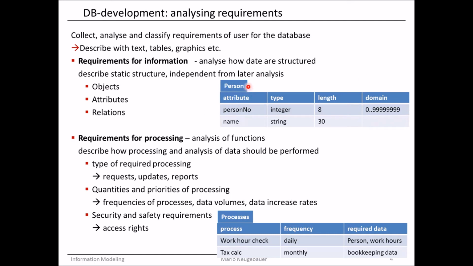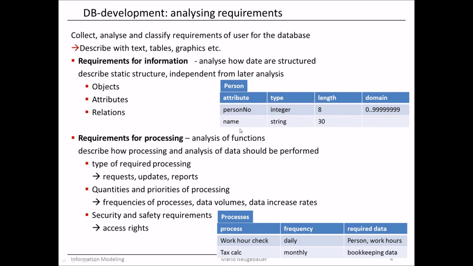You have some information about a kind of person. You want to somehow model a person, and what is important in your information model is the information about a person number. This seems to be kind of integer, and the length, let's say it's 8 digits long.